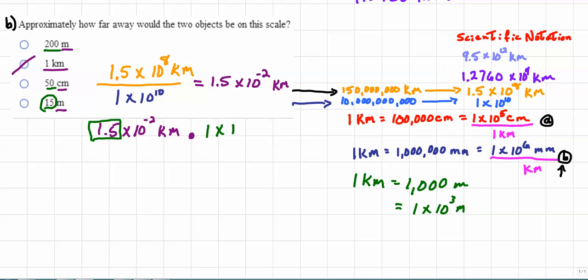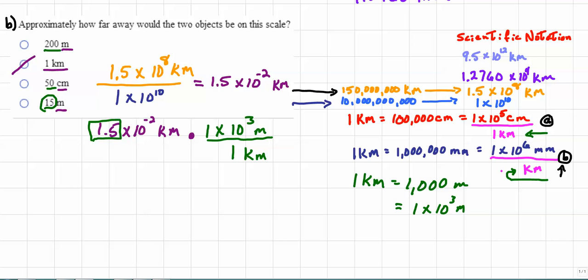We have 1 times 10 to the 3rd meters, and that's over 1 kilometer, because that is our conversion factor, because as I pointed out in both this case and this case, A and B, it was over 1 kilometer.